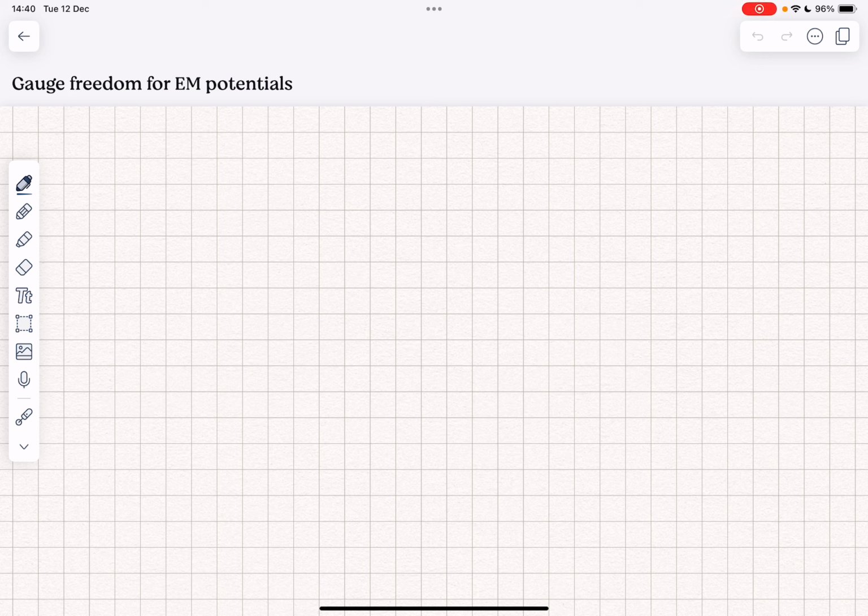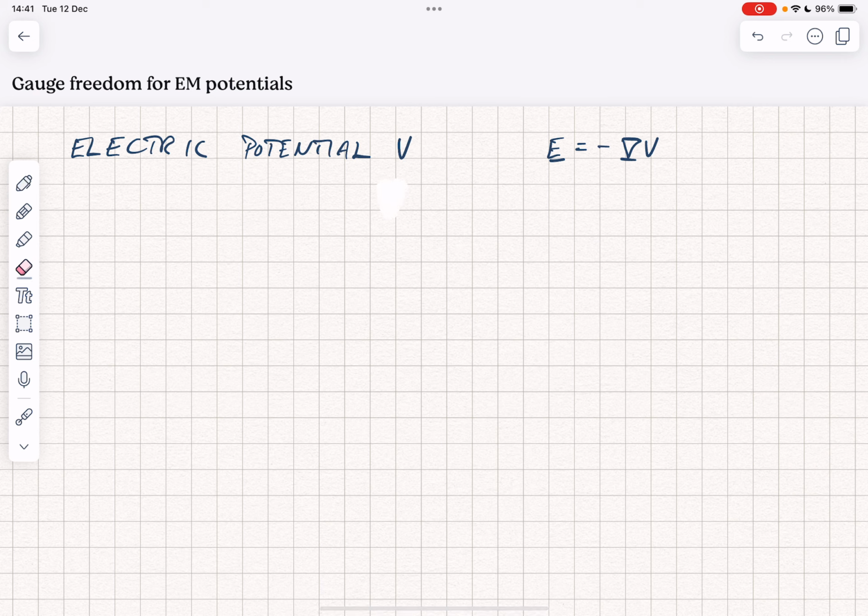Let's imagine, just to be clear, that we've got the electric potential, and in electrostatics we write E, the electric field, is equal to minus the gradient of V. Therefore, we could, for instance, create a new potential V prime, which is just equal to the original V plus, let's say, 10 to the 5 volts.